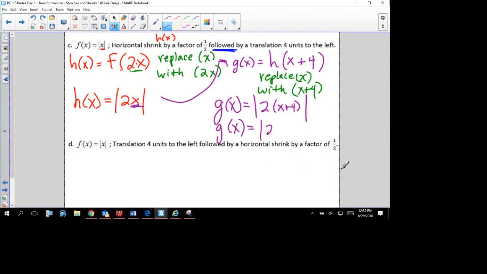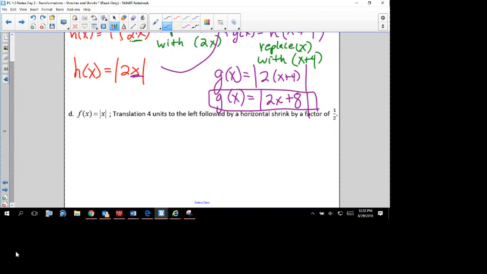So we have absolute value 2x plus 8 for our final answer. That would be shrinking it first and then translating 4 to the left, even though it looks like we have an 8 there. But that's because I simplified it.